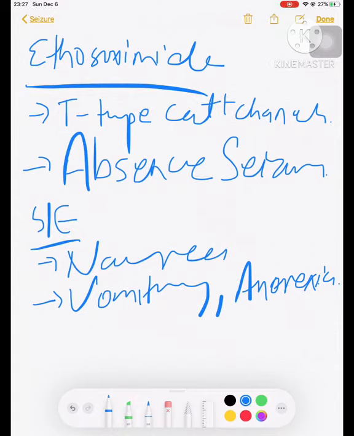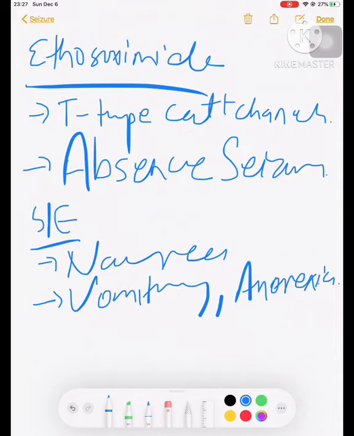Its mechanism of action is still quite unclear, but it is commonly used, mainly I think due to its fewer interactions with other drugs and lesser side effects. Other anti-epileptic drugs are topiramate, felbamate, and gabapentin.